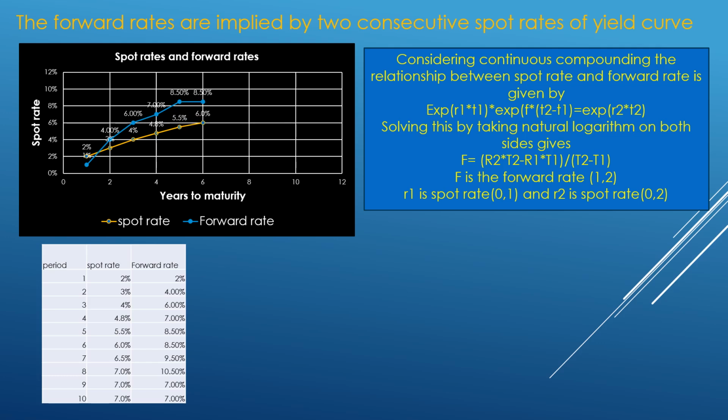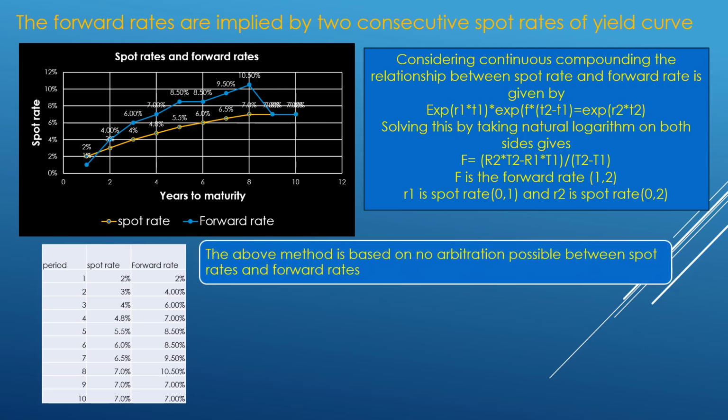Just see, the forward rates are also increasing as the spot rates are increasing. The yellow curve is the spot rate and the blue curve is the forward rate. Just as the yellow curve, that is the spot rate curve, flattens out, the blue curve, that is the forward rate, falls.